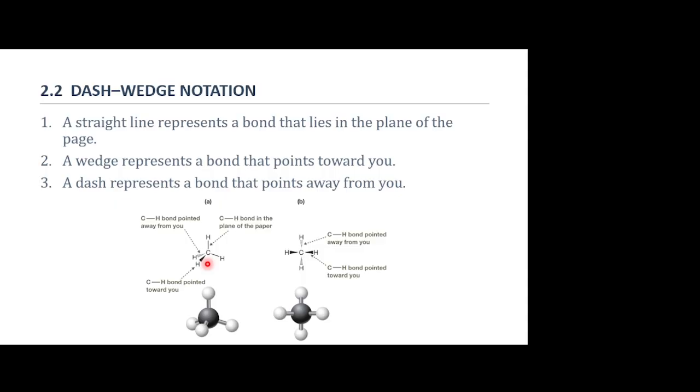It's coming straight out towards you and trying to hit you. It's three-dimensionally jutting out away from the page. Again, towards you. The dash is fading away from you. So it's past the plane of the paper, past the plane of the screen, going away from you. Is that making sense? Okay.